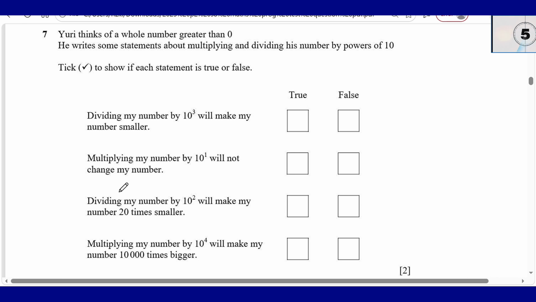Is it true or false? Dividing my number by 10 to the power of 2 will make my number 20 times smaller. Is it true or false? And multiplying my number by 10 to the power of 4 will make my number 10,000 times bigger. So which one is true or false? When the timer returns to 0 again, we will reveal the answer.